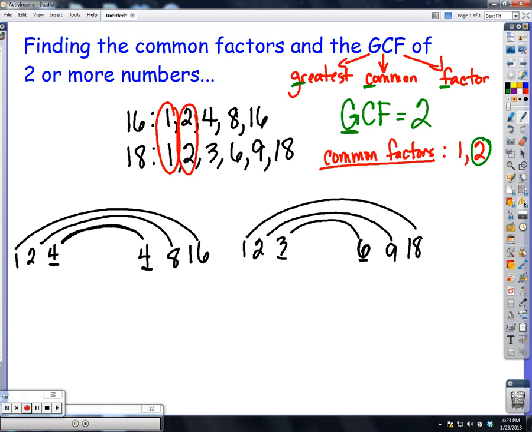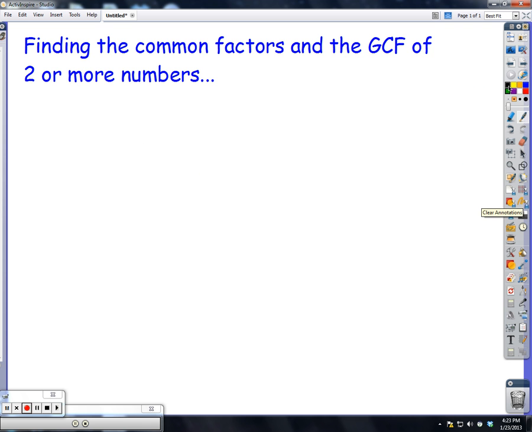Okay, now let's try the same thing with a different set of numbers. But this time, let's find the common factors and the greatest common factor of 3 different numbers. So let's do 10, 15, and 30. Now I have 3 numbers, so I'm going to need to do 3 factor rainbows to find all of the factors.